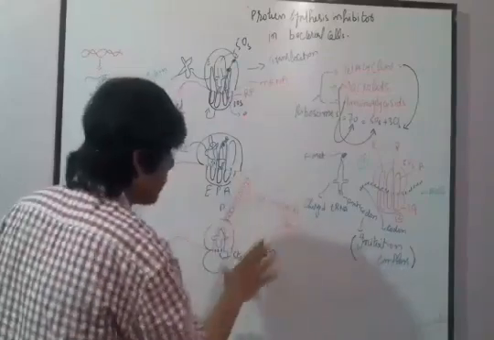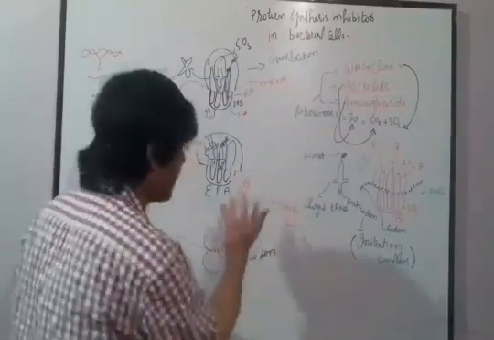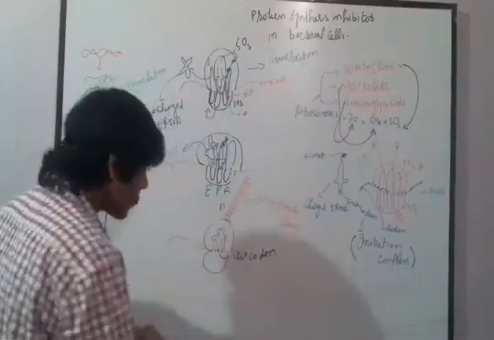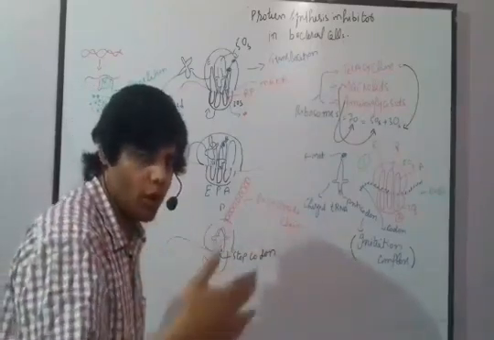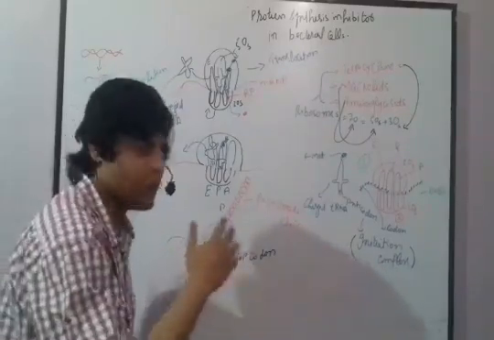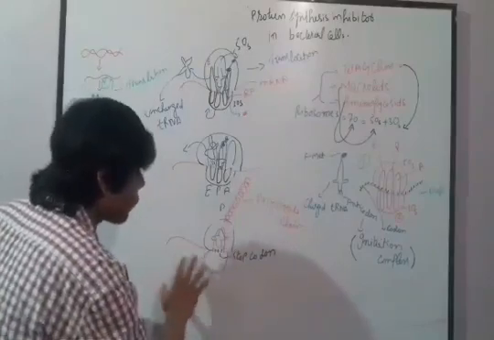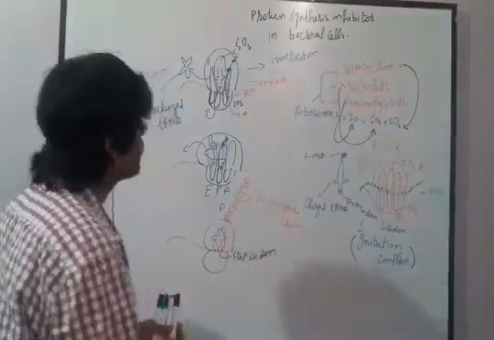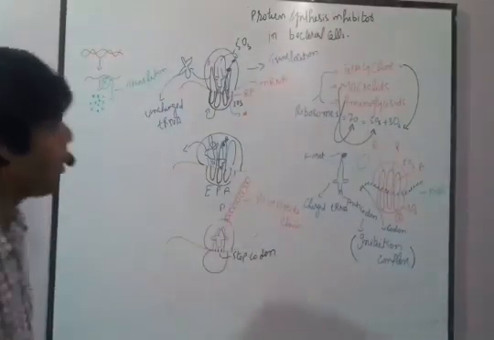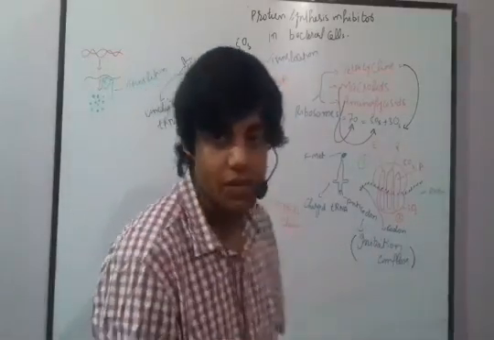So this polypeptide chain is actually the protein. It's a very complex and large topic, but I explained it very simply. So this is protein synthesis, how a protein is synthesized inside the bacterial cell.